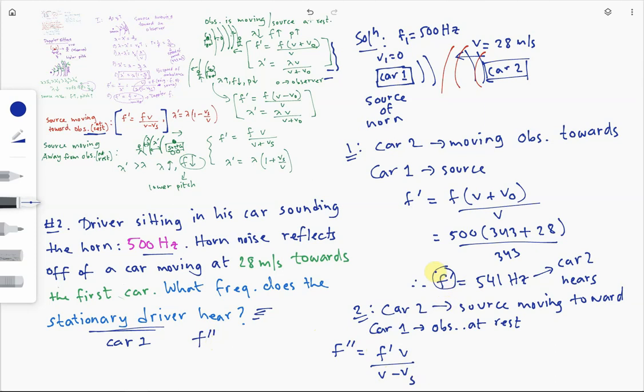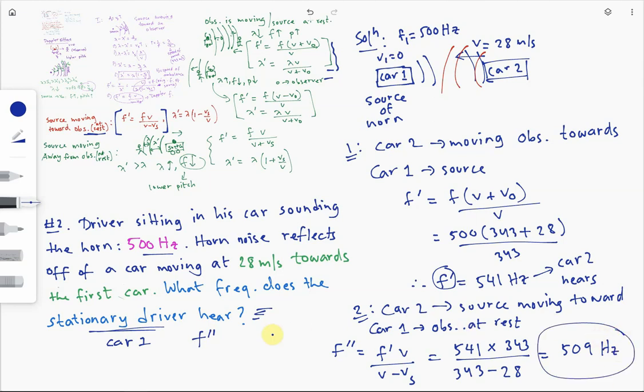The source again is car 2. So f double prime is 541, times the speed of sound, 343, over the speed of sound minus the speed of the source, which is car 2 approaching car 1 at 28 meters per second. We get a frequency of 509 Hertz.